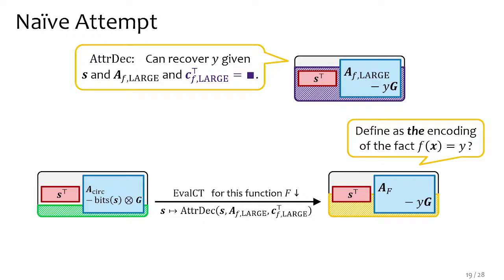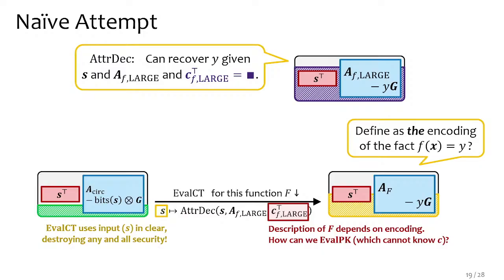However, this has two problems. The smaller problem is that evaluation requires the knowledge of the attribute under it. Therefore, you have to know S. But knowing S will destroy all security because there's no pseudo-randomness. The bigger problem is that the description of this function you evaluate depends on the encoding CF large.